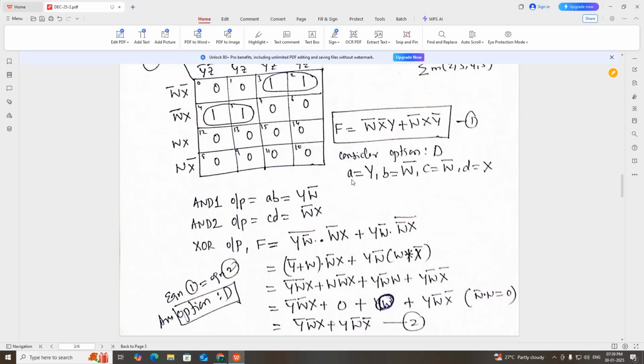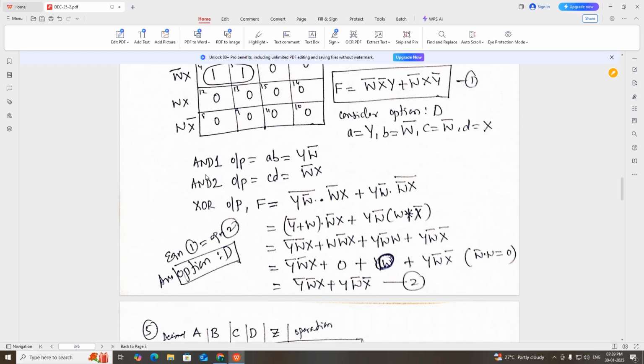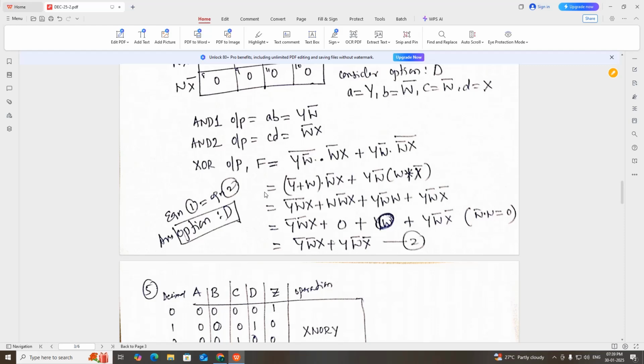So I'll use the trial and error method. A equal to Y, B equal to W bar, C equal to W bar, and D equal to X. So you can see here, AND gate output AB. So according to this equation, AB is equal to Y X bar. CD is equal to W bar X, and the XOR output.